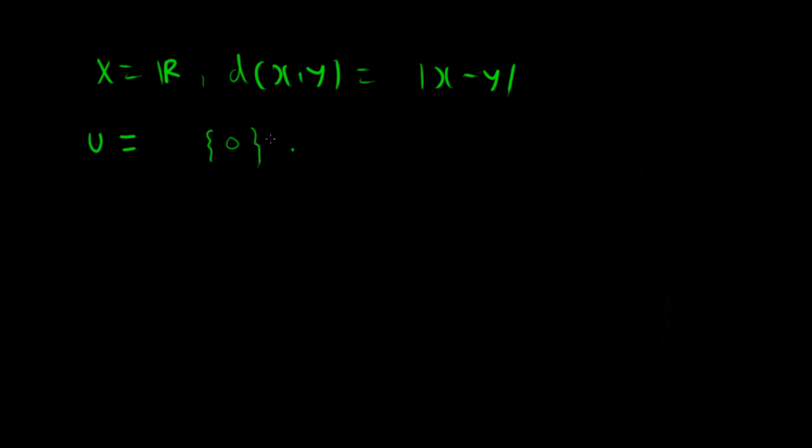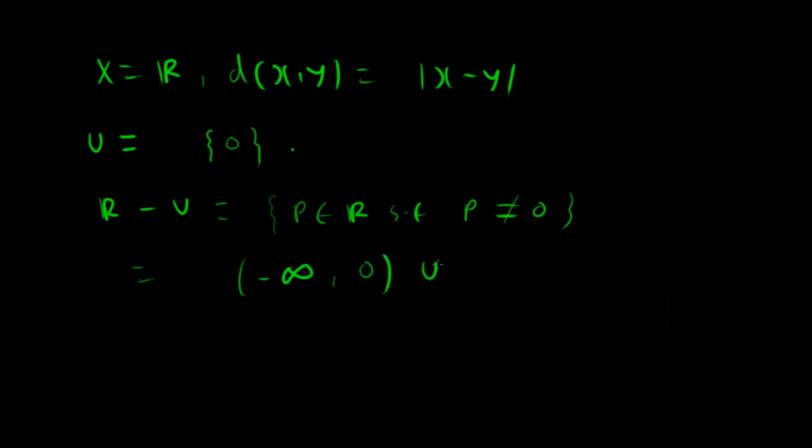Well, yes, because if we look at R without U, that is just the set of points P in R such that P is not 0. So it's essentially (minus infinity, 0) union (0, infinity). So it's everything that's greater than 0 or less than 0.